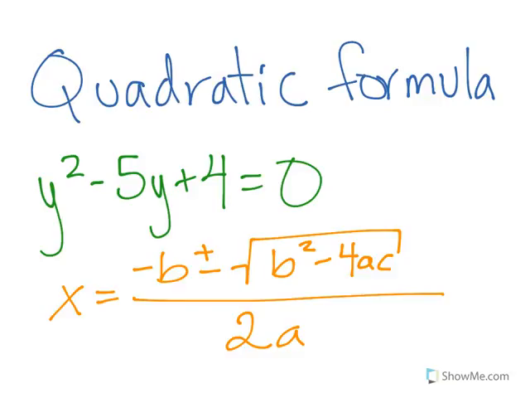Very well. Knowing the formula, now we just have to plug everything in. We know that the coefficient of the y is b, the coefficient of y squared is a, and the constant is c, the constant term.